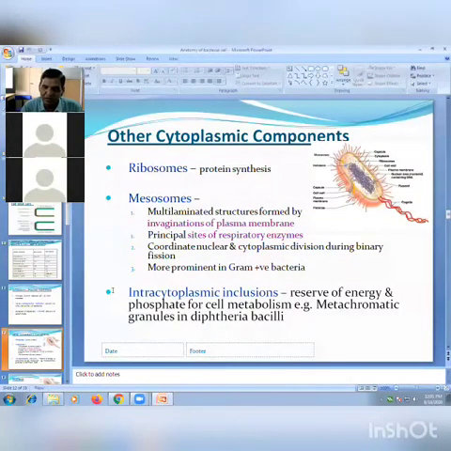These granules are present most of the time in Corynebacterium diphtheriae, the causative agent of the disease diphtheria. For early identification, we always depend on the demonstration of metachromatic granules. Once we observe these metachromatic granules inside the cell, it is very easy to identify that particular bacterium, because it produces a very severe disease, diphtheria.